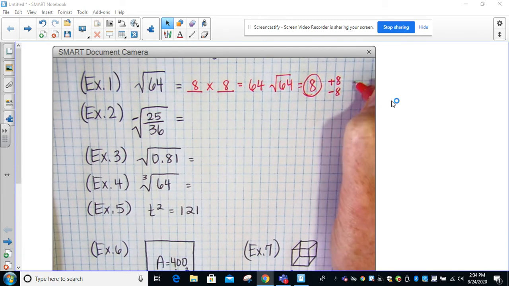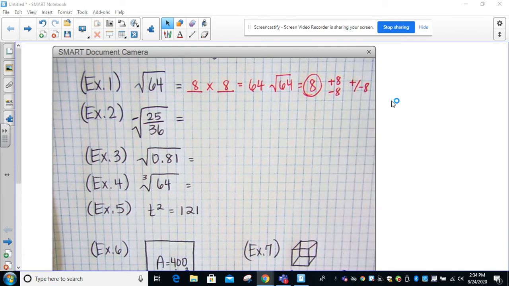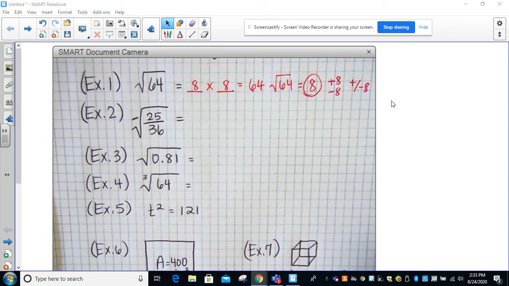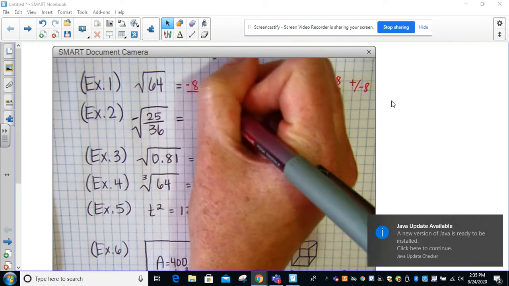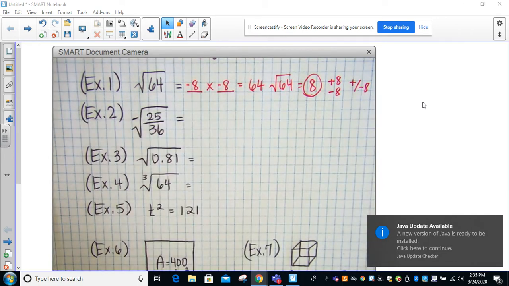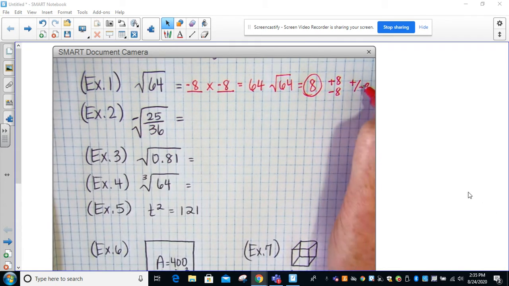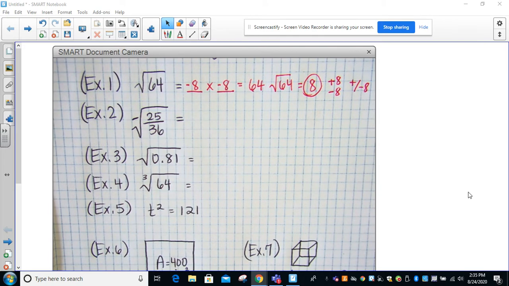Keep in mind, it's another way to write it, positive or negative 8. Keep in mind that 8 times 8 is a positive 64, but also negative 8 times negative 8 is also a positive 64. So negative times negatives. That's why you can consider both answers.